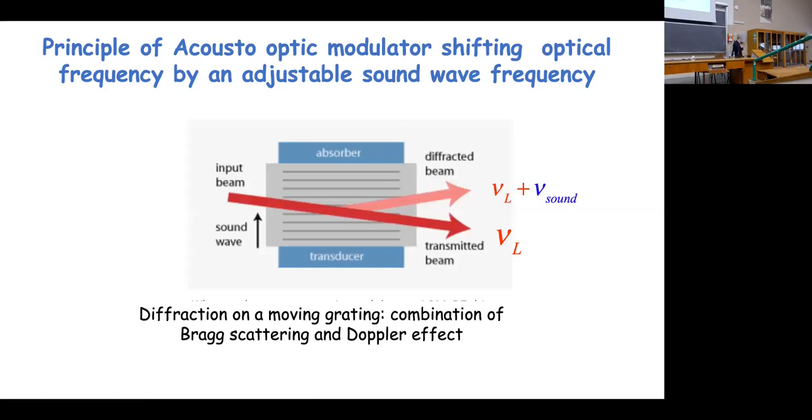But at first, I have to tell you a little bit about two devices which are very useful in these experiments. You know, the principle is the following. You need to have a very stable laser. The laser which is interrogating your clock transition has to be very stable, has to have a very long coherence time, a very narrow spectral width.